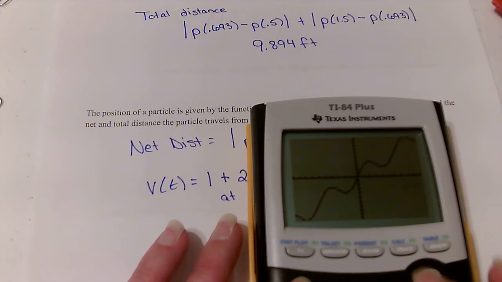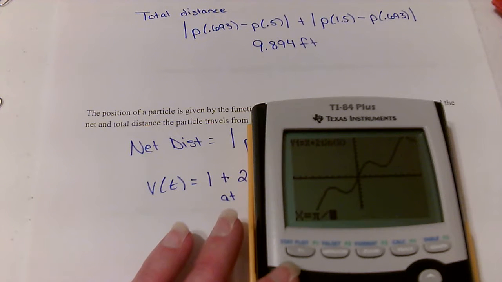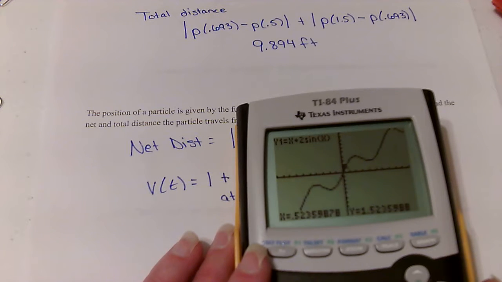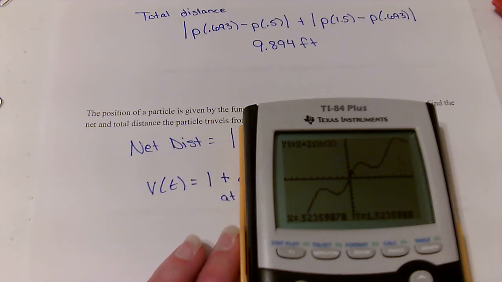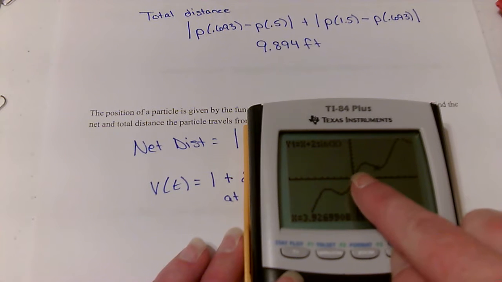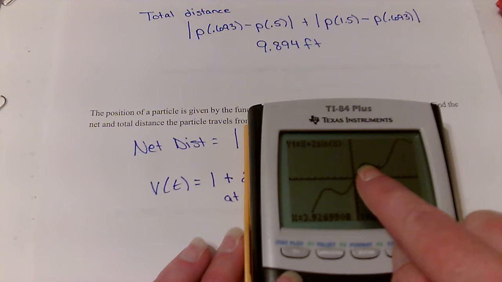So if I hit trace and type in pi over 6, that's right there. I'm still on trace, so I'm going to type in the other x value. It's right there. So between here and here, that's my change in direction, which is a maximum.